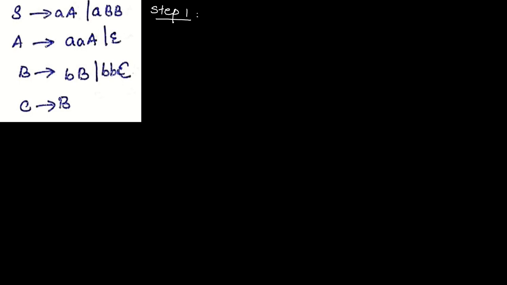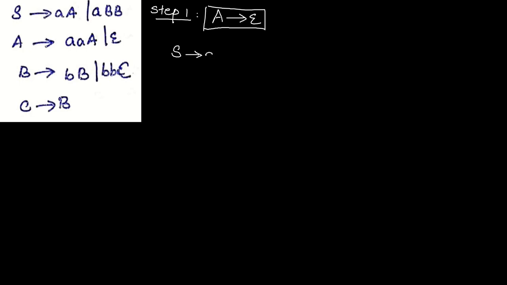Here A gives epsilon is an epsilon production. This we have to remove, and except that production, all other productions you have to note down.